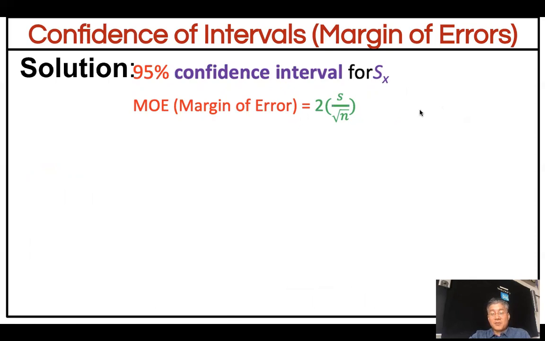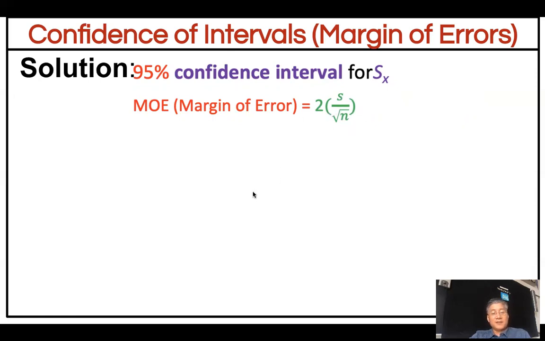But now with the sample standard deviation, it's 2 times the sample standard deviation divided by the square root of the sample size n. Similar, right? When you use a sample standard deviation, you should divide by the square root of n. That's the difference. Not a completely different formula, right?